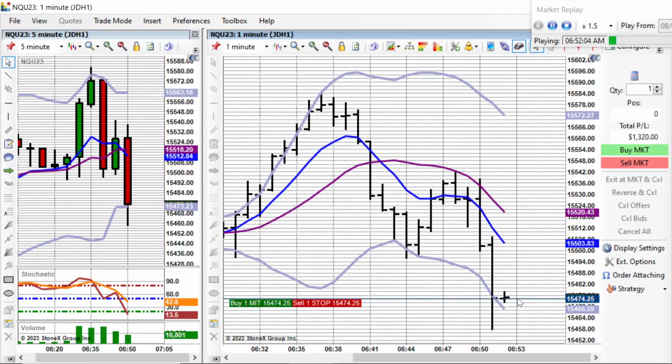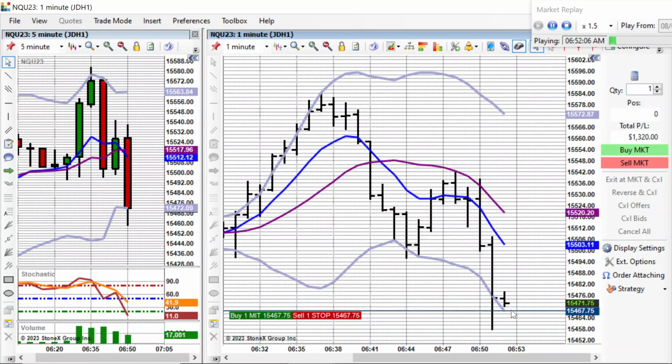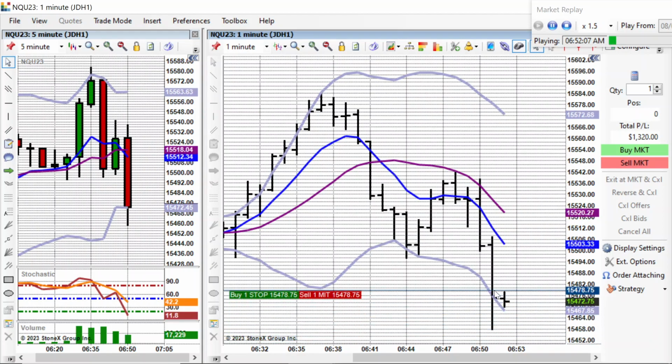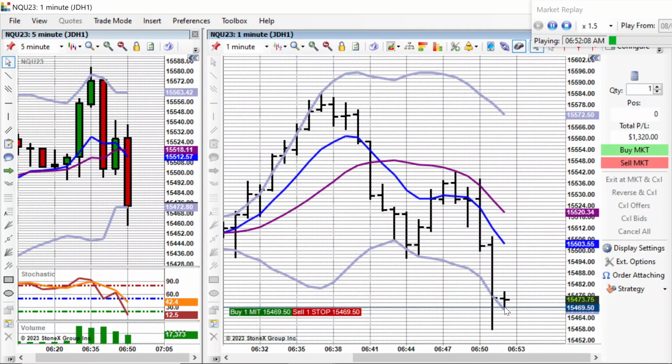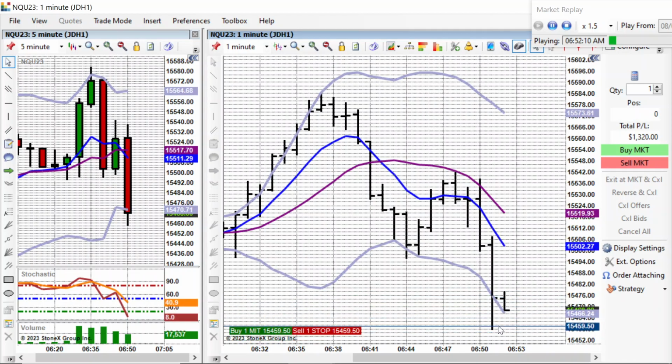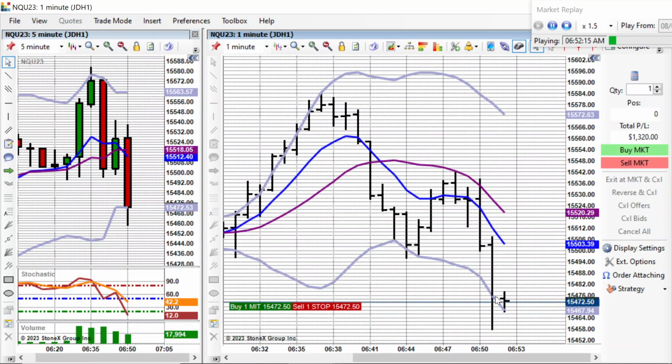So, okay, it looks like it's starting to. This was a long move below this lower Bollinger Band here. So even though it didn't close outside the lower Bollinger Band, a lot of times it acts sort of like a rubber band when you stretch it too far.